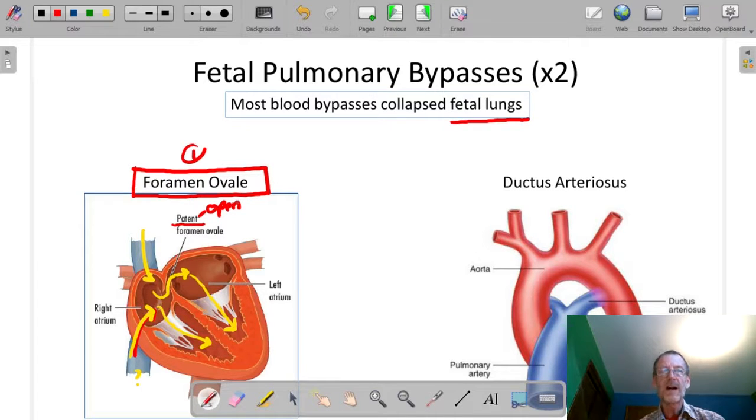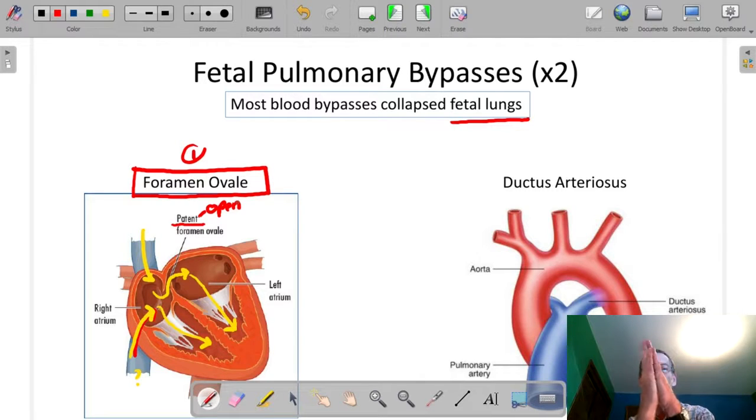And normally after birth, that foramen ovale closes. There are two flaps there between the atria within the interatrial septum, and the blood passes through between those two flaps. After birth, the pressure changes in the atria and the flaps close, and then the blood can't go through it.